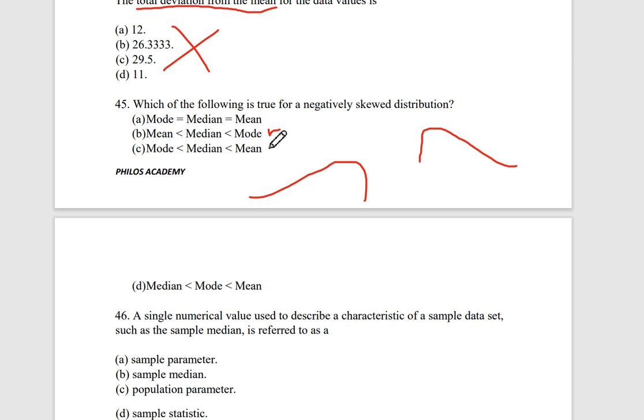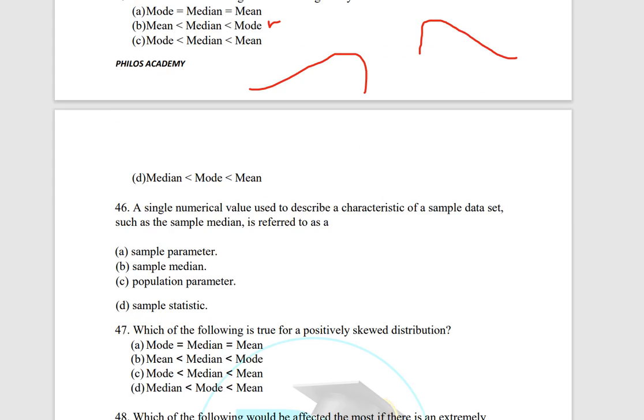So the correct answer for question 45 is B. If the next question asks for positively skewed, then the mean is greater. For option C, be very careful, the median should be at the middle. So C is positively skewed and B is negatively skewed. Be very careful. Let's go to question 46.